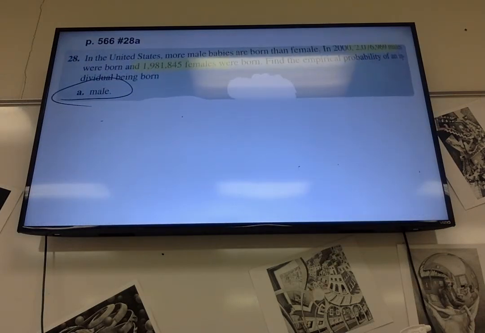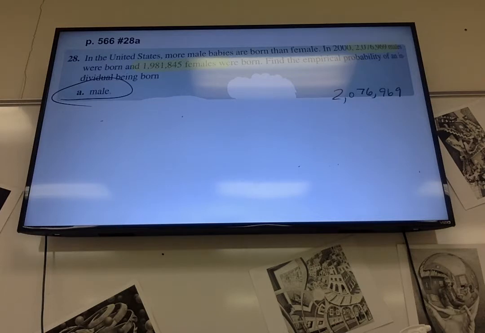Okay, this is a problem from that book I was talking about yesterday. Number 28 says in the U.S., more male babies were born than female babies. In 2000, that number is 2,076,969, and 1,981,845.